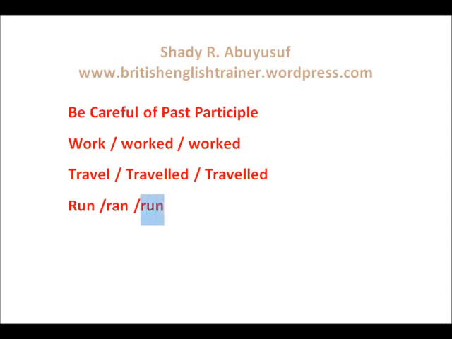Now look at another example, something like fly, and then you have flew, and then you have flown. So number 3 is also the past participle, but of course it's an irregular form. Fantastic. So this is what we call past participle.